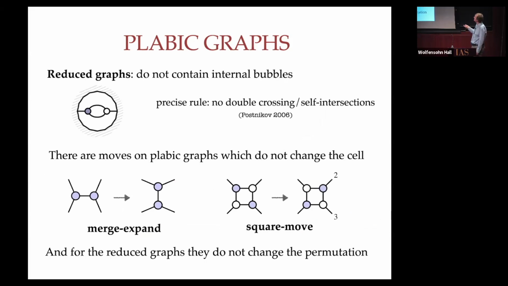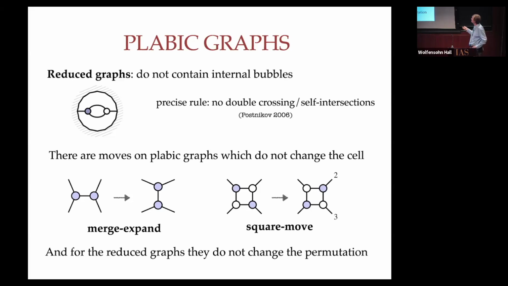Now, about these reduced graphs, which will play an important role for us. Roughly speaking, these are graphs which don't contain internal bubbles. Somewhere inside the graph, they don't contain a bubble.